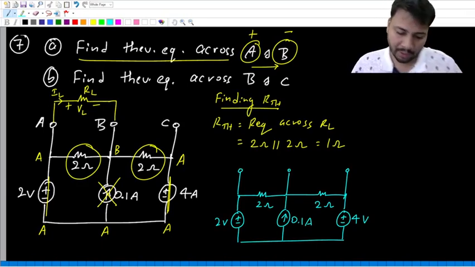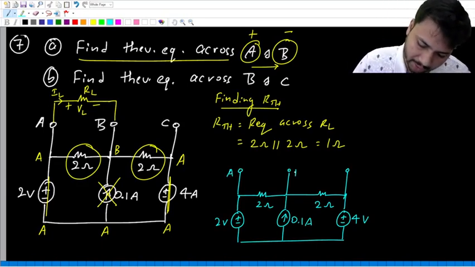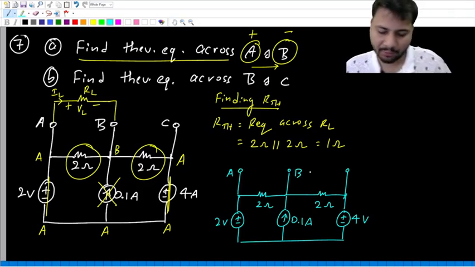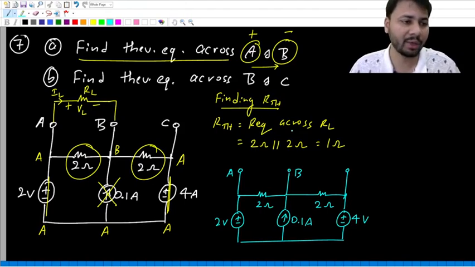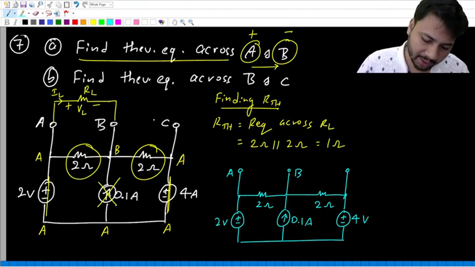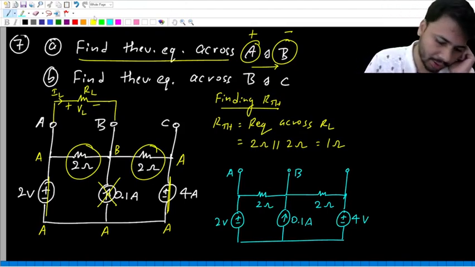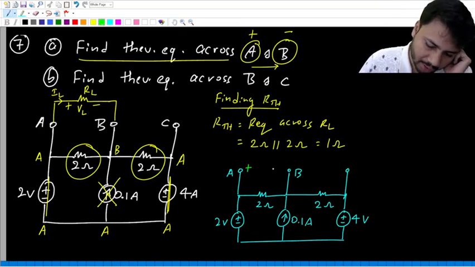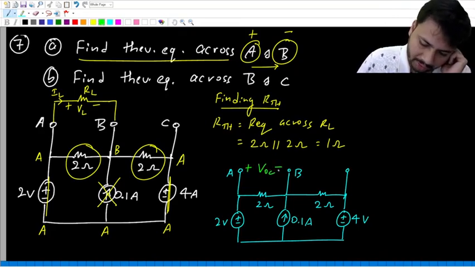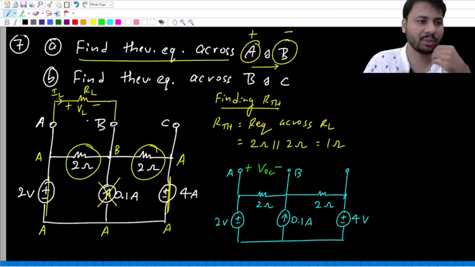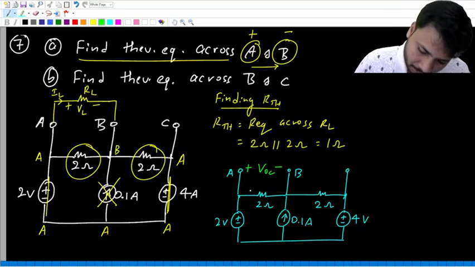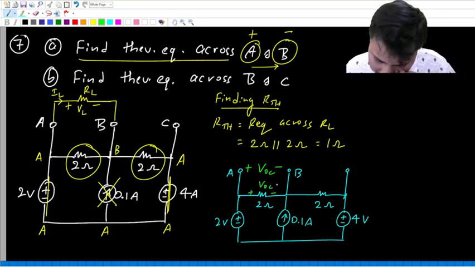So again, I have drawn the same network. So this is A, this is B. So if you are finding VTH, finding VTH means finding VOC. So while finding VOC, you should remove the load. And when you remove the load, you will get an open circuit, and that open circuit voltage is this. So this polarity is the same as the polarity of this VL. So this voltage drop is VOC. Okay.